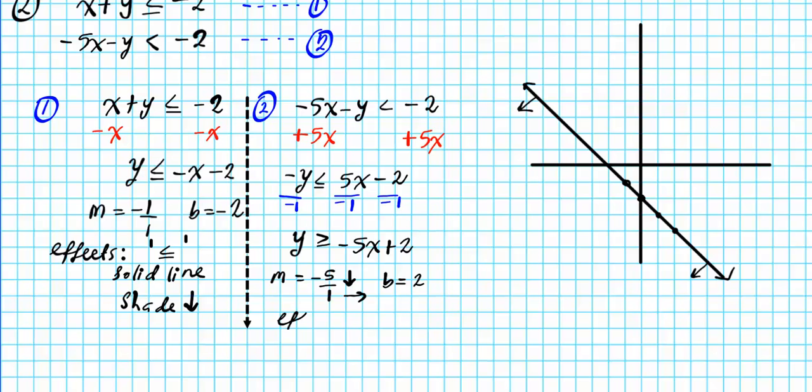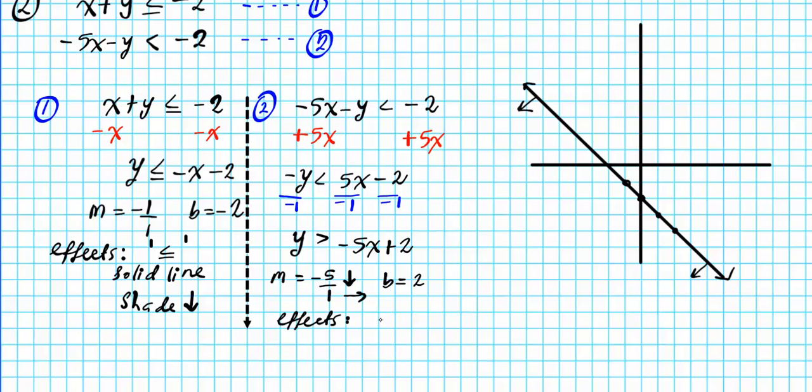What are the effects that are going to be applied to our line? The final inequality, that's what you're looking at, not the original one. Okay, I think I made a change here. There's no line underneath there, so let's take that out. Okay, so you look at the final inequality. That's why you always want to put it in slope-intercept form, because it tells you the correct orientation of the inequality.